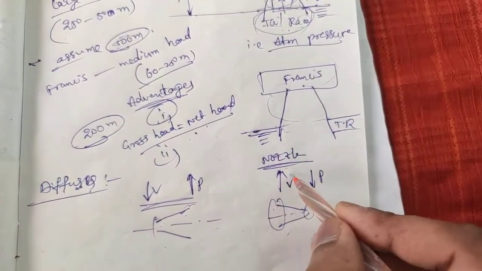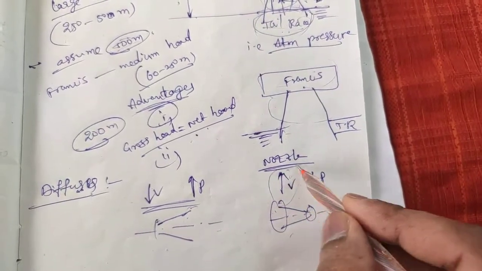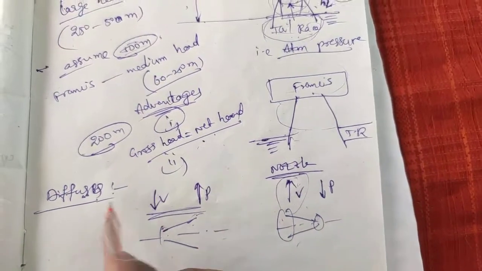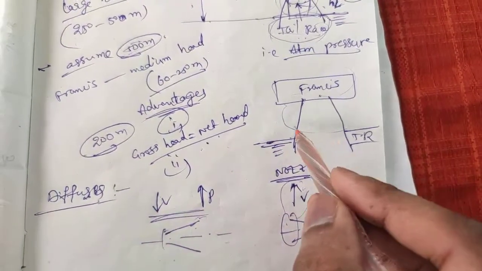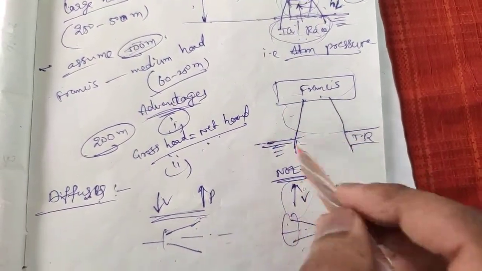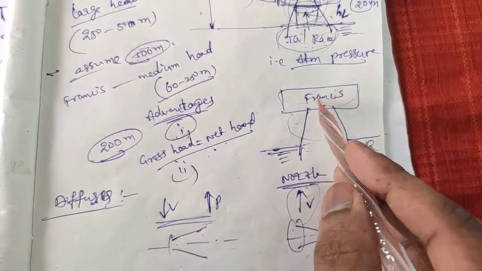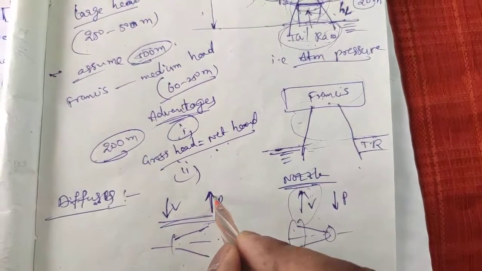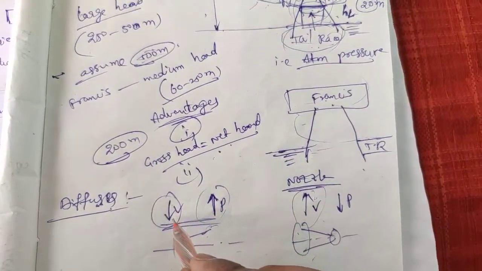By using a nozzle we have large velocity of water, through which kinetic energy is produced. In the diffuser, by providing the draft tube over the turbine above the tail race, the velocity is reduced.